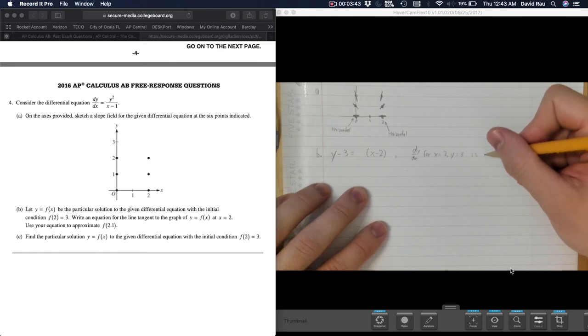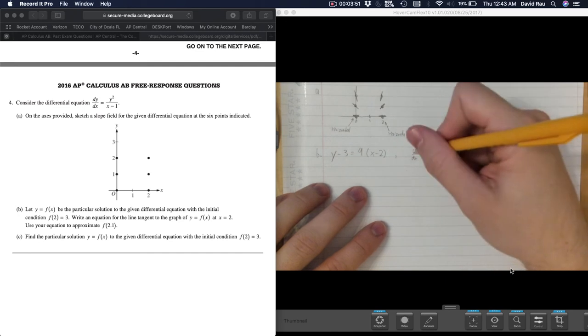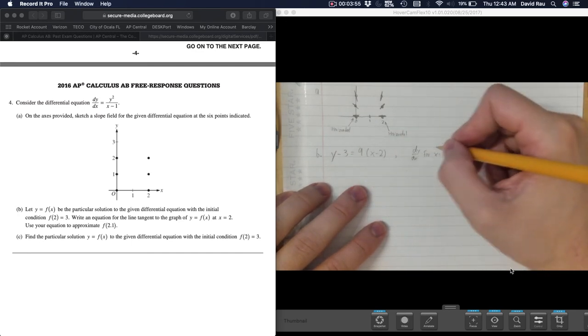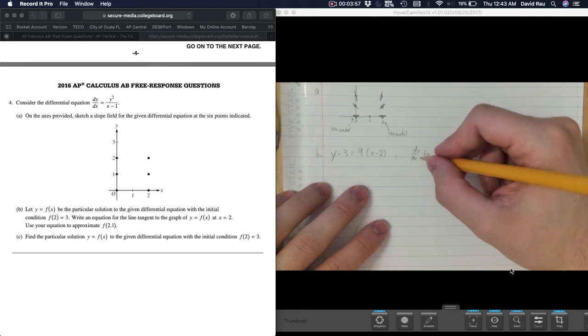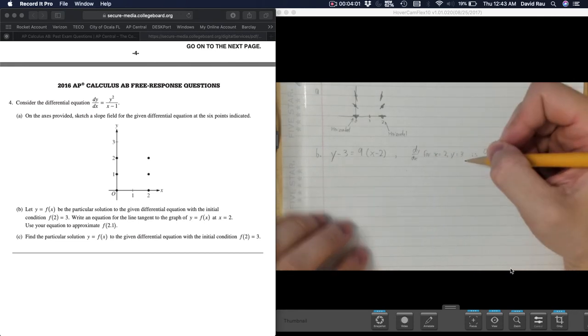If it's the point 2, 3, then we would have 9 over 1. So it's 9. Okay, awesome. So now, you're just kind of saying that clearly somewhere else on the page, maybe even before you jump into this, just so that they clearly understand that you calculated dy dx for those values. That's going to probably get you a point.